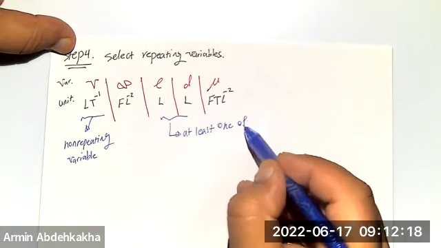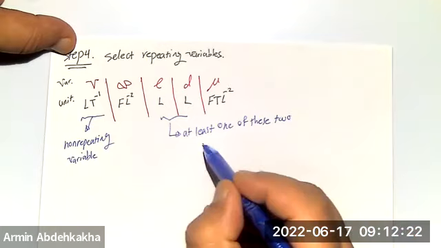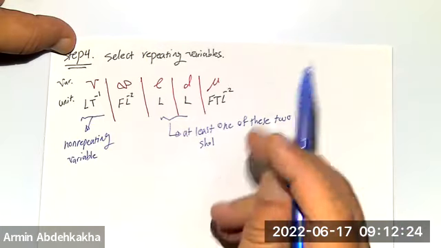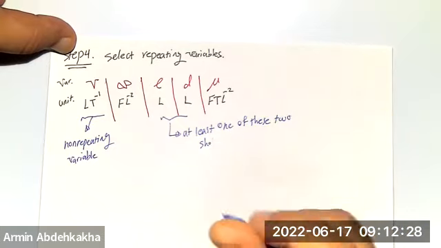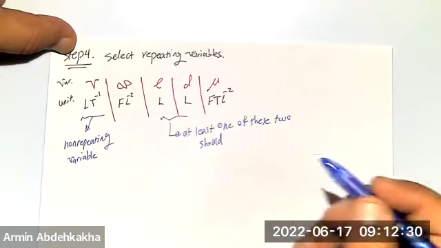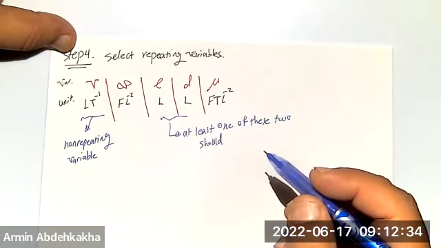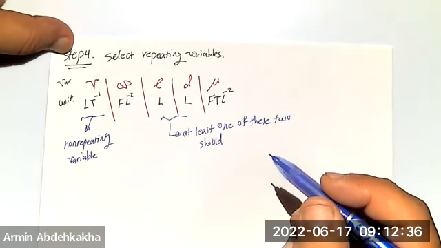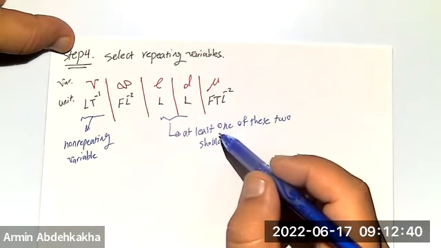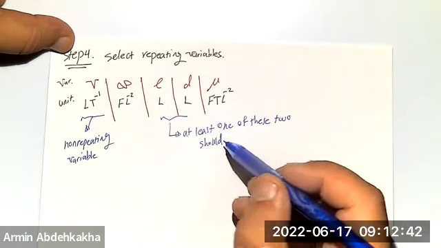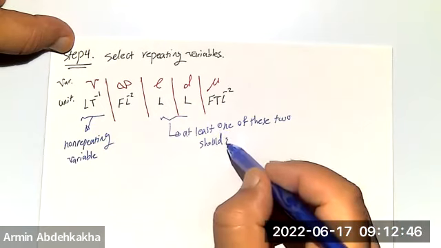Just one is enough because these two are going to be the same. But you want a set that covers all the variables and all the different reference units. So one of these two should be selected.